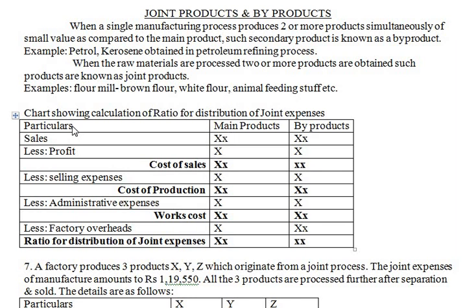Now next is the chart showing calculation of ratio for distribution of joint expenses. Here, from sales we deduct profit, you will get cost of sales, then less selling expenses, you will get cost of production, then deduct administrative expenses, you will get works cost, then deduct factory overheads, you will get the ratio for distribution of joint expenses.